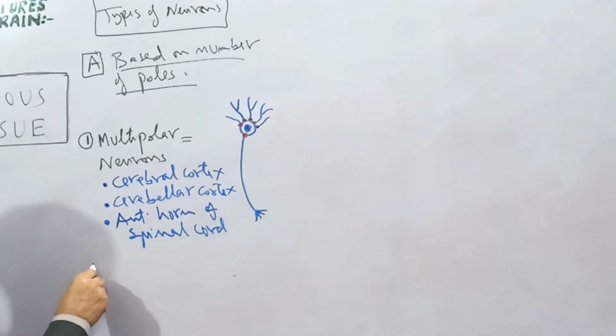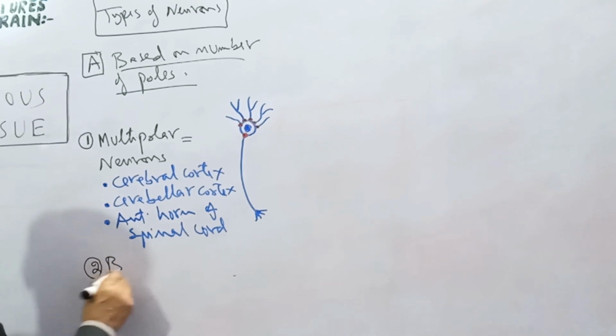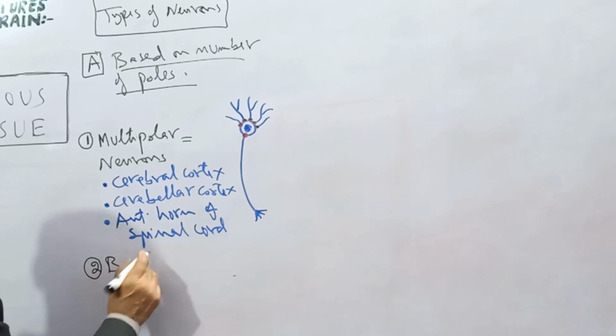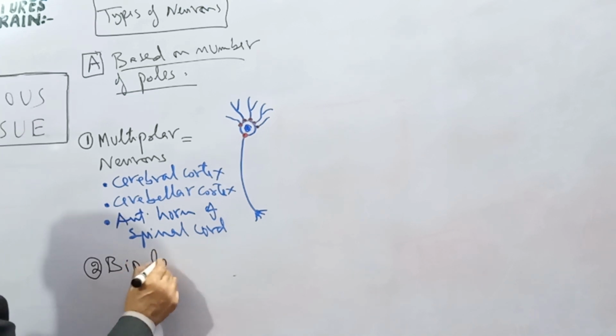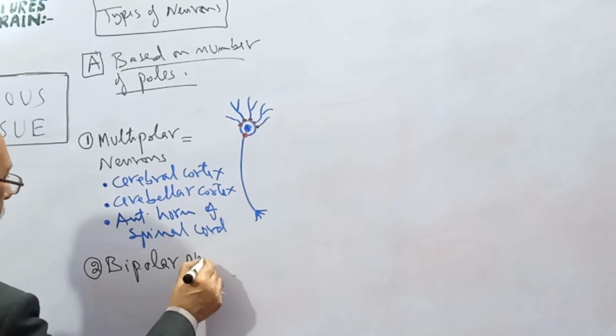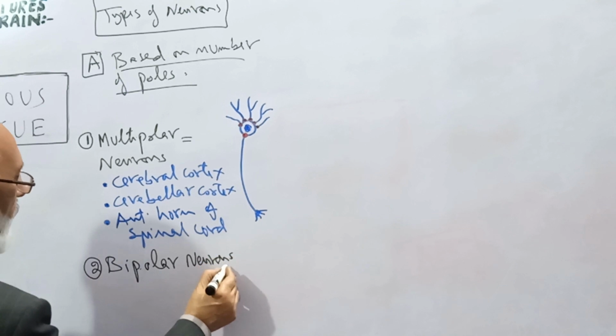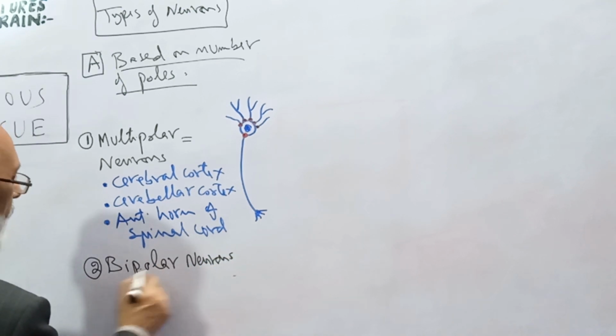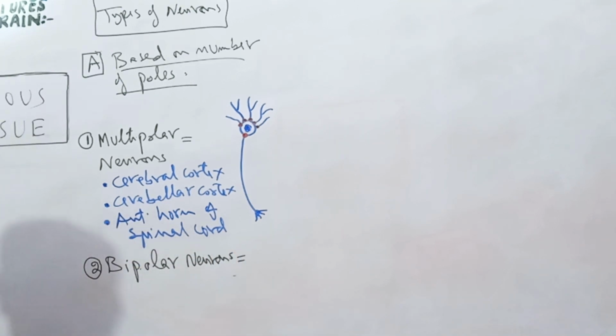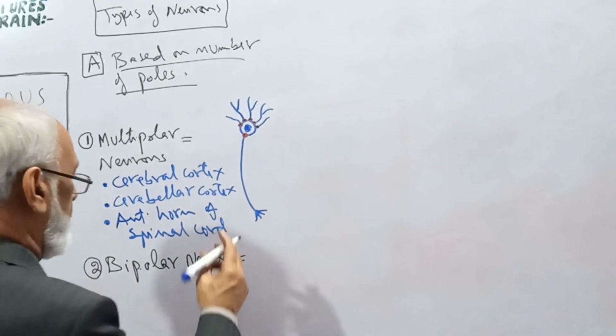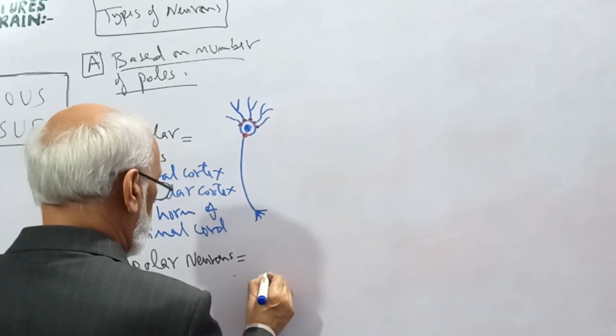Second variety is bipolar neurons. A neuron from which two processes arise.